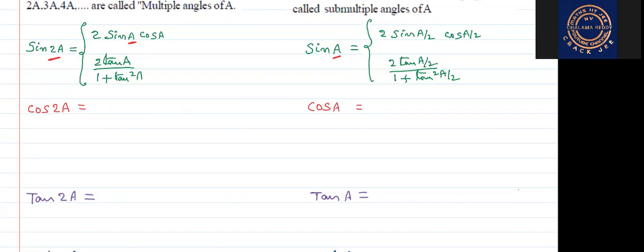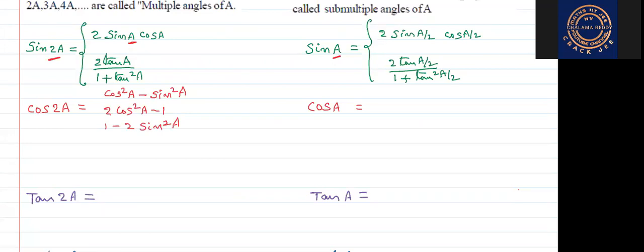Similarly, go to cos 2a. For cos 2a, there are four different formulas. The cos 2a formula is cos square a minus sine square a. This is in terms of cos and sine. The cos 2a formula in terms of cos is 2 cos square a minus 1. In terms of sine, that is 1 minus 2 sine square a.